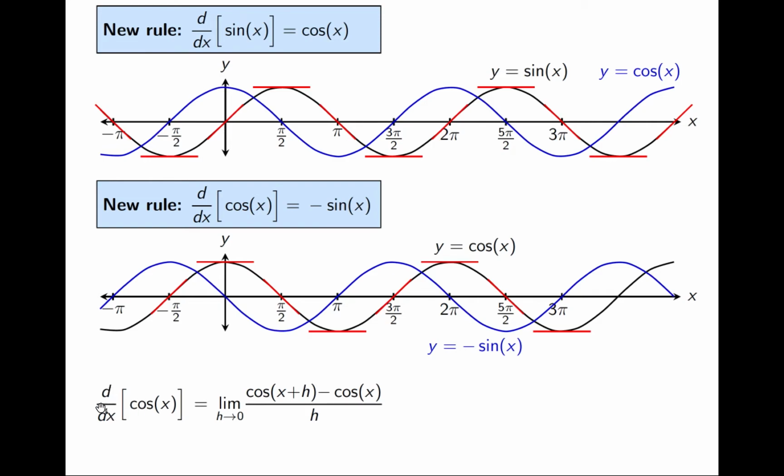To check that, take the derivative of cosine of x, use the limit definition of the derivative. Limit as h goes to 0 of cosine of x plus h minus cosine of x over h. And then you have to use the sum formula for cosine. Cosine of x plus h is cosine x, cosine h, minus sine x, sine h from our toolbox, and then minus the cosine of x.